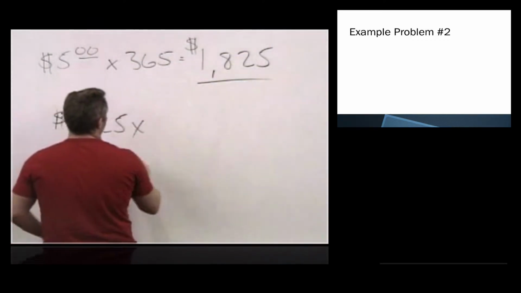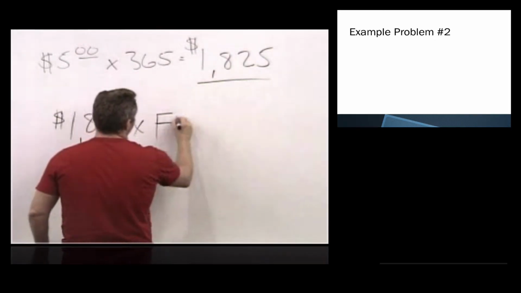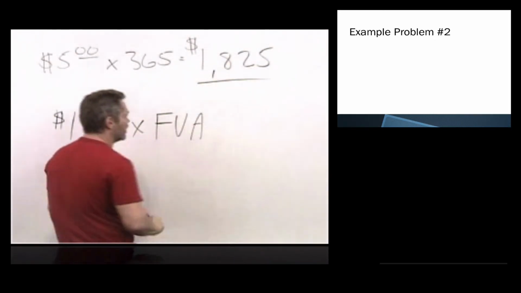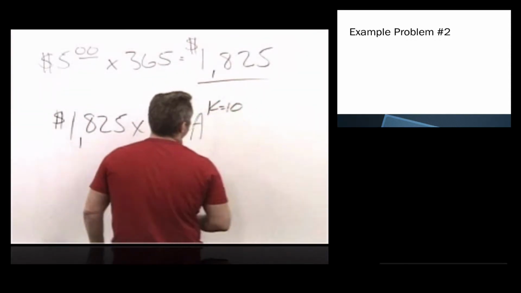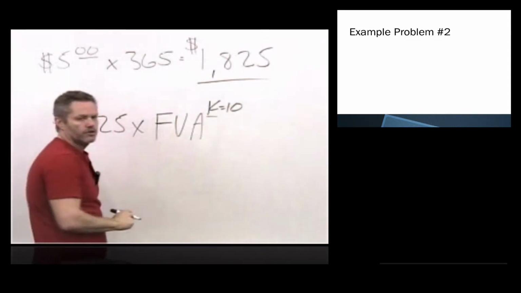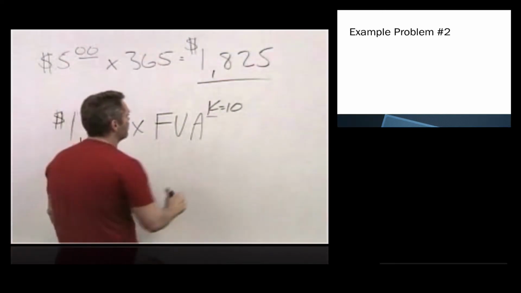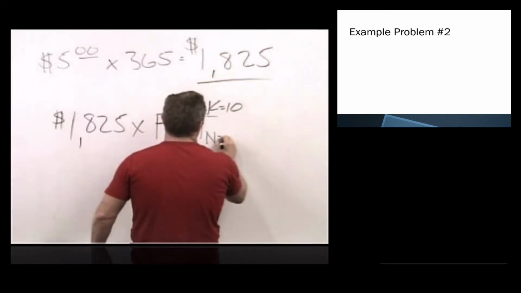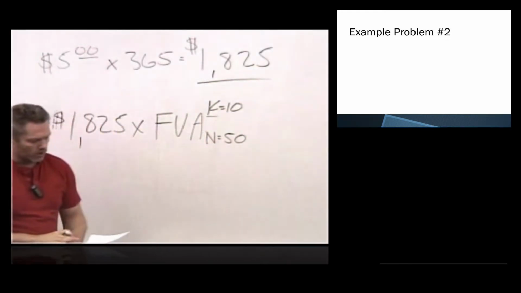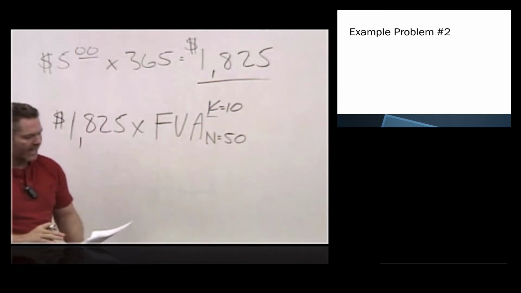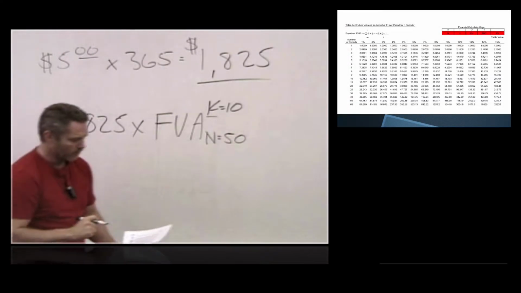If we take 1825 times what we call the future value of an annuity, and our interest rate was 10%. K stands for interest rate. We'll get back to how that is in a little bit and why we use the symbol K. N equals 50. So what I want to do is go to the chart that's labeled A4, future value of an annuity for each dollar.